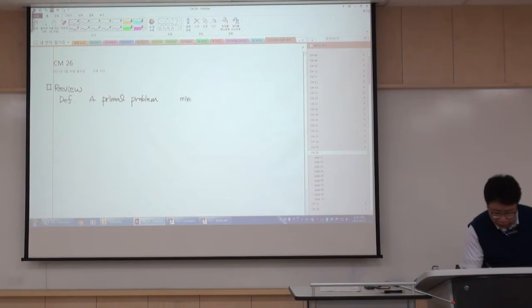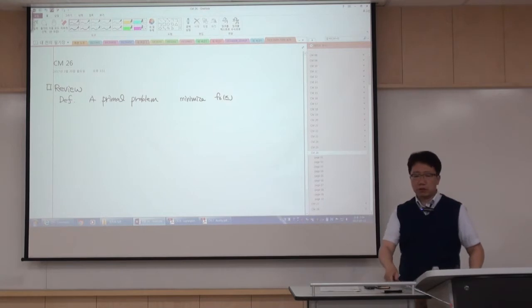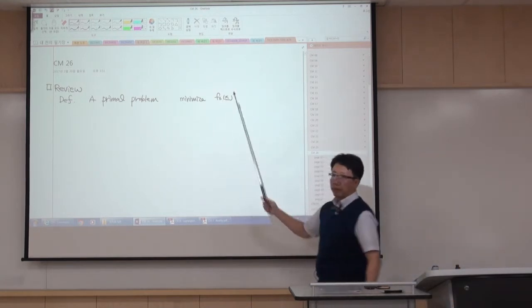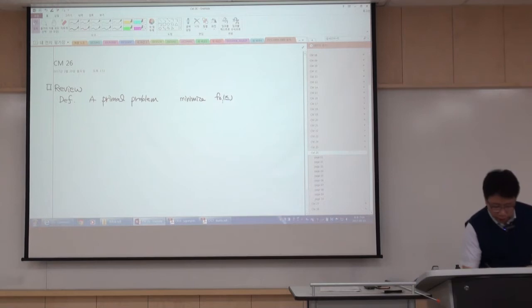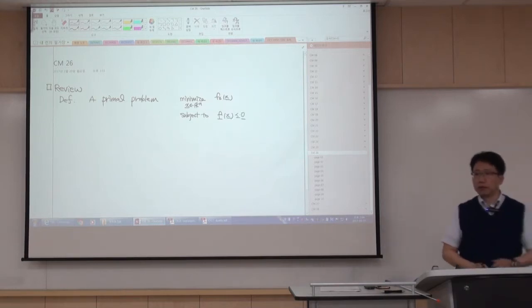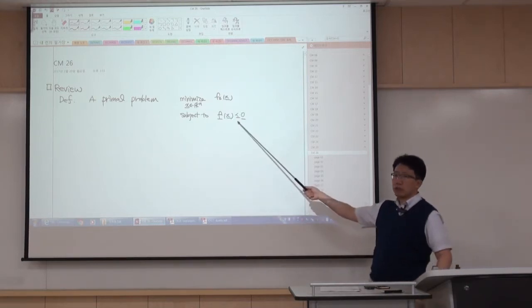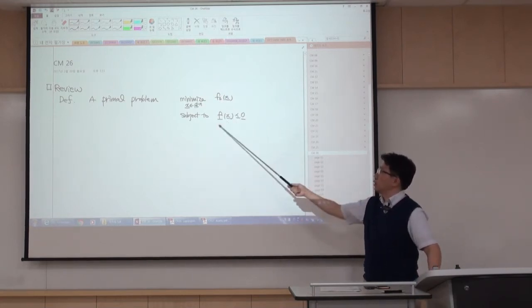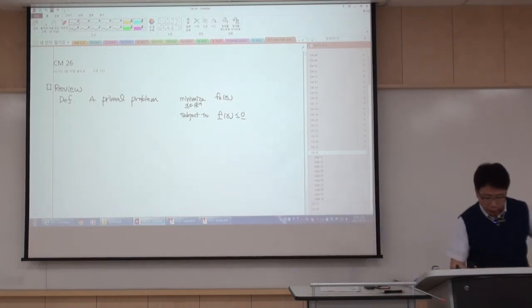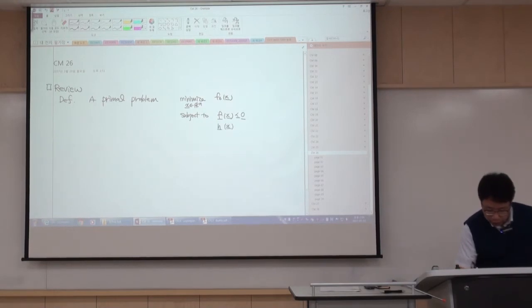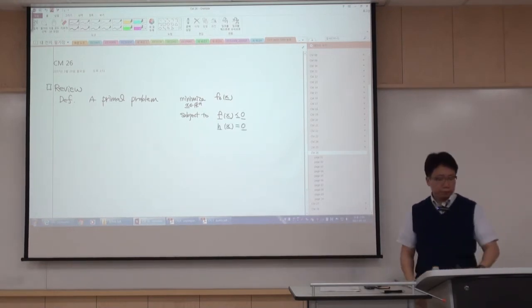We want to minimize an objective function f0, where x is a length n vector, subject to equality constraints in the vector form, inequality constraints in the vector form, and equality constraints also in a vector form.